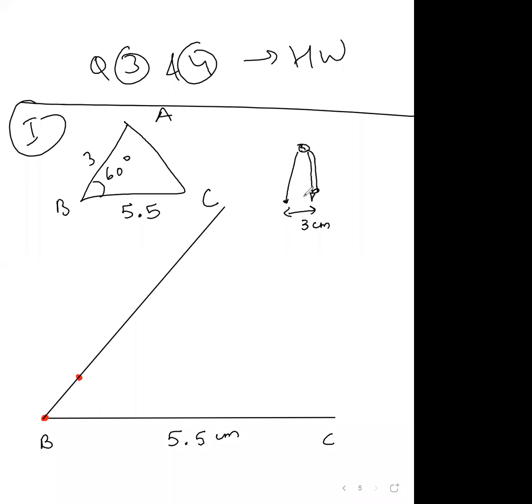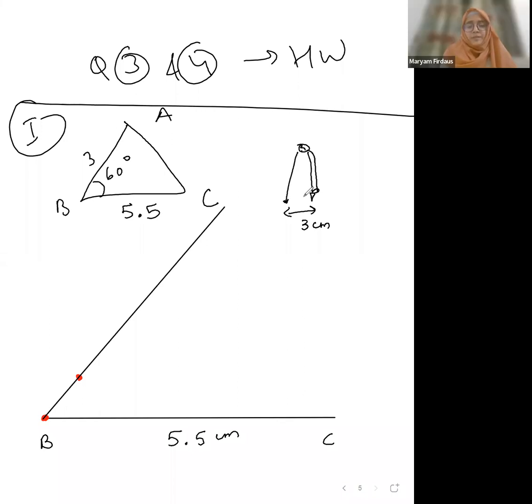Okay, I have. Okay. Now with that radius, with 3 centimeter radius and taking B as the center, draw an arc cutting this line segment.